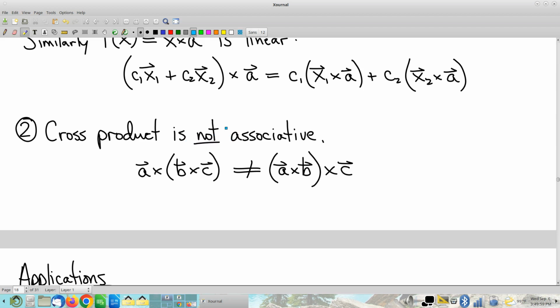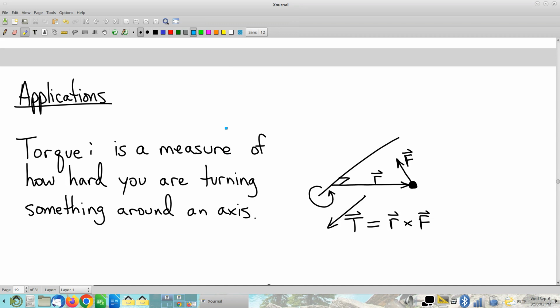Okay. All right, real quick, some applications. This is not a physics class, but I do think it's worthwhile to at least point out the ways that cross product shows up in the physical world, because I don't want you all to think cross product is just made up nonsense that mathematicians play with, right? This has real context. In particular, torque: if you have a bolt that you want to unscrew and you put in your wrench and you turn, the idea of torque is that there is a notion of how hard you're turning that doesn't depend only on the force that you apply, but on how big your wrench is.